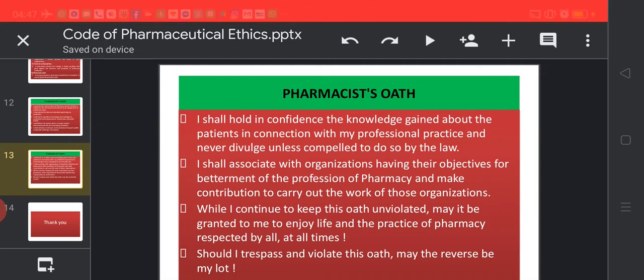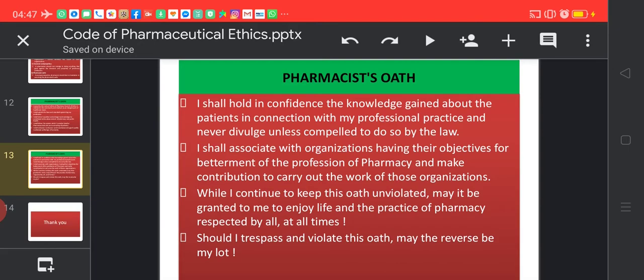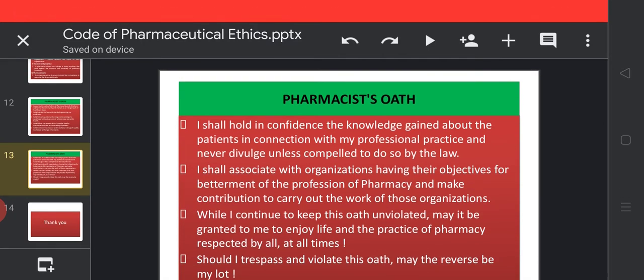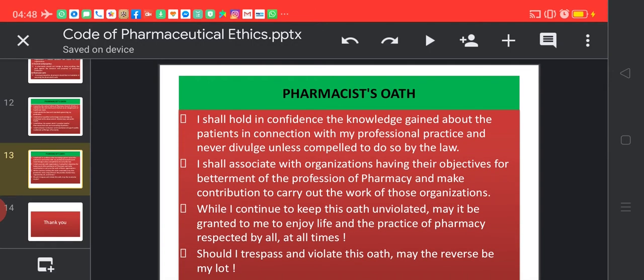Definitely, our role and responsibility, our objective, is to work as a better, best performer as a pharmacy professional, to contribute much better so that we can improve our pharmacy profession. We should improve ourselves towards that particular pharmacy organization.